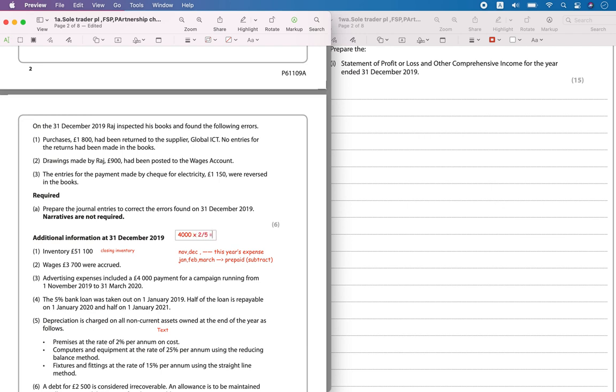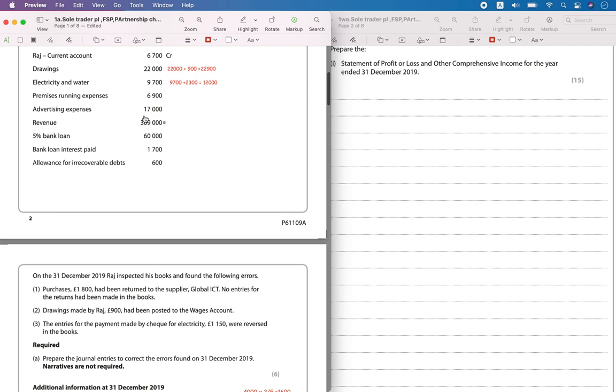Now let's calculate. Out of 4,000, 2/5 is only towards this year's expense, which is around 1,600. 4,000 minus 1,600 is equal to 2,400, or 4,000 times 3/5 is also equal to 2,400.